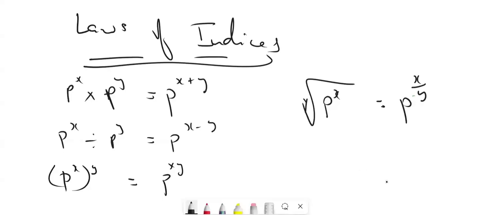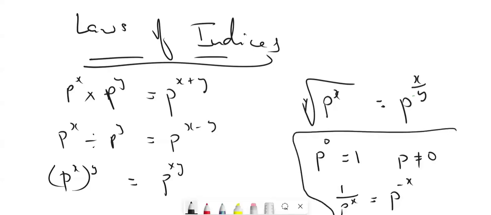It came from the other rules: p to the 0 is equal to 1, if p is a non-zero number. And 1 over p to the x is the same as p to the minus x. They're not new rules. They came from these over here.